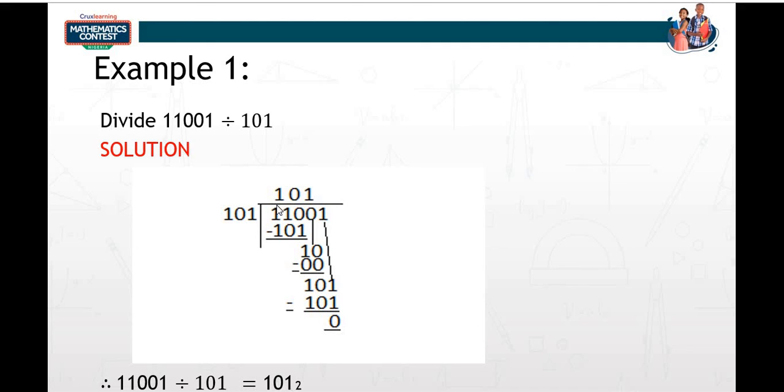So let me repeat again. We start with the first digit. The first digit here will be divided by this first digit, and that gives us 1. If it cannot, we know what to do. So we multiply, we have 101. Okay, so we subtracted 101 from 110, behaving as if this is not here.